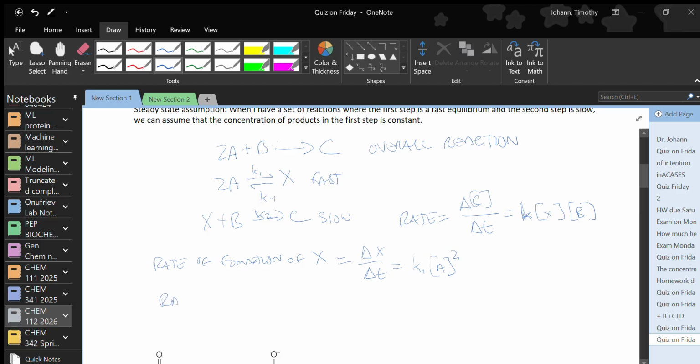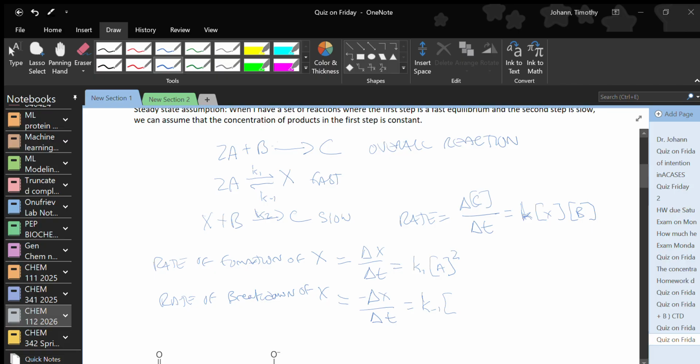The rate of breakdown of X is going to be equal to minus dX over dt, times K negative 1, is the one pointing away, right? Times what's the reactant for the breakdown of X?